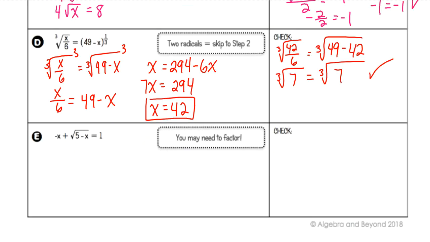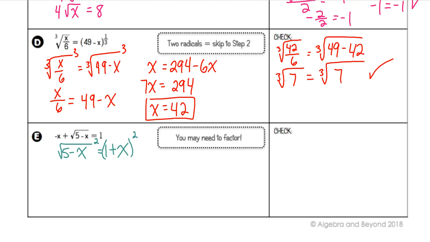Okay, last example here. So in this one, I can start by isolating that radical still. So I'm going to get rid of the negative x by adding it to both sides. Now I have to get rid of the radical, so I'm going to square both sides, but what I see here is I no longer just have one thing I'm squaring, 2 terms.